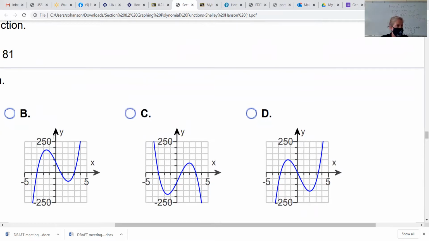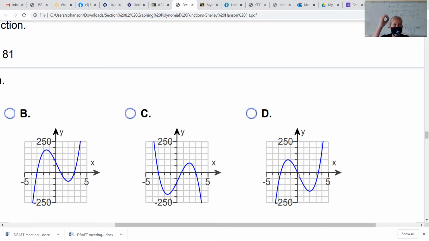If this is 250 up here, that means that each one of these hash marks is 50, right? 50, 100, 150, 200, 250.